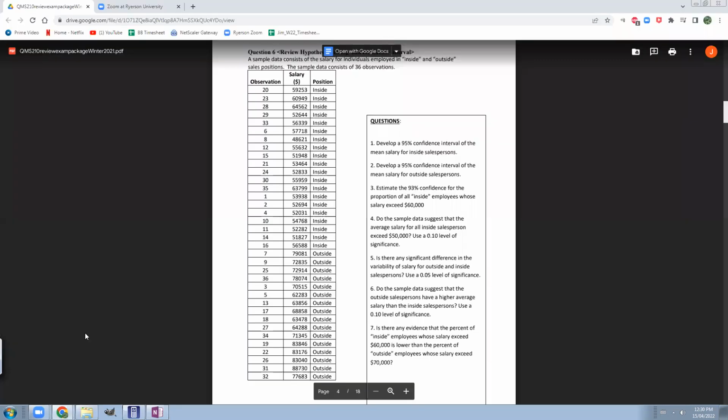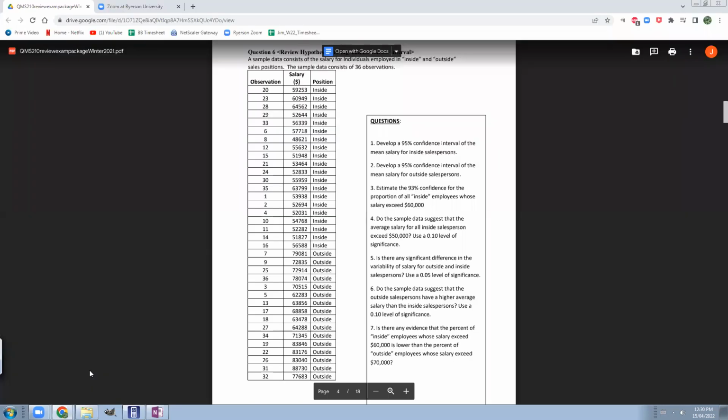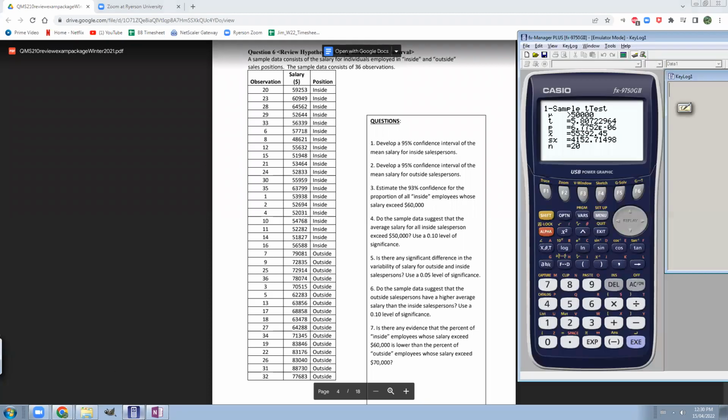Okay, so then the alpha was 0.05. And we need to get the p-value. So the calculator is going to give us the p-value. We're going to go test F. We're doing lists.